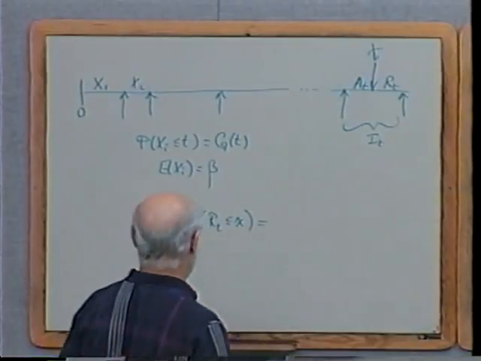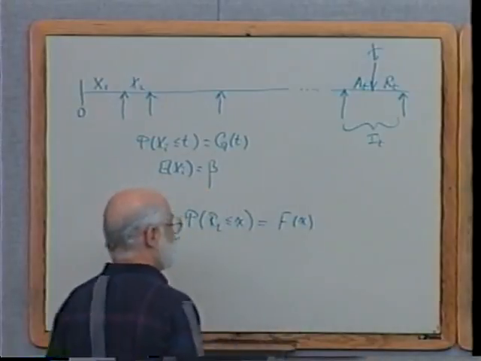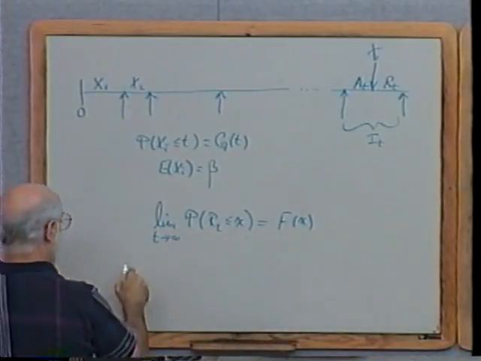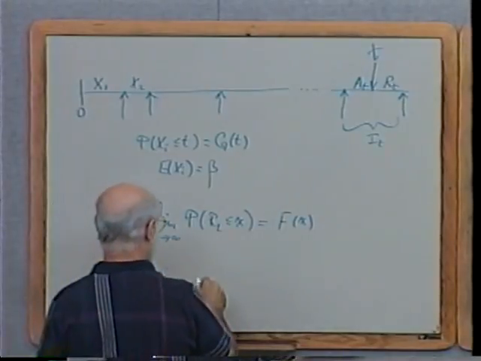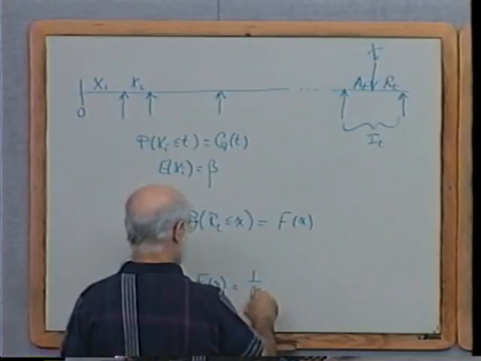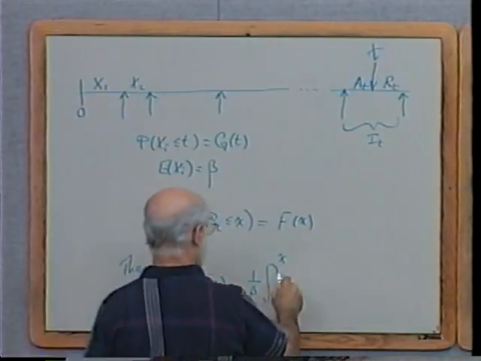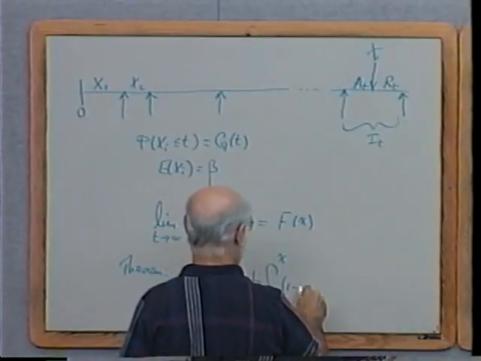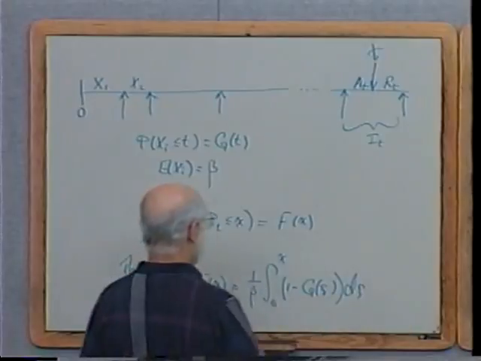And let me just call that capital F of x. And then what I want to show is this. Here's my theorem. My theorem is that capital F of x is equal to 1 over beta integral from 0 to x of 1 minus g of c dc.